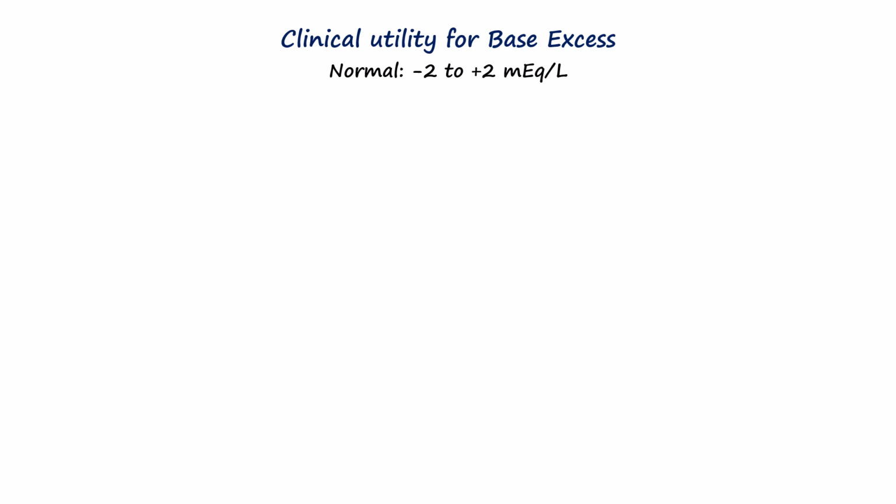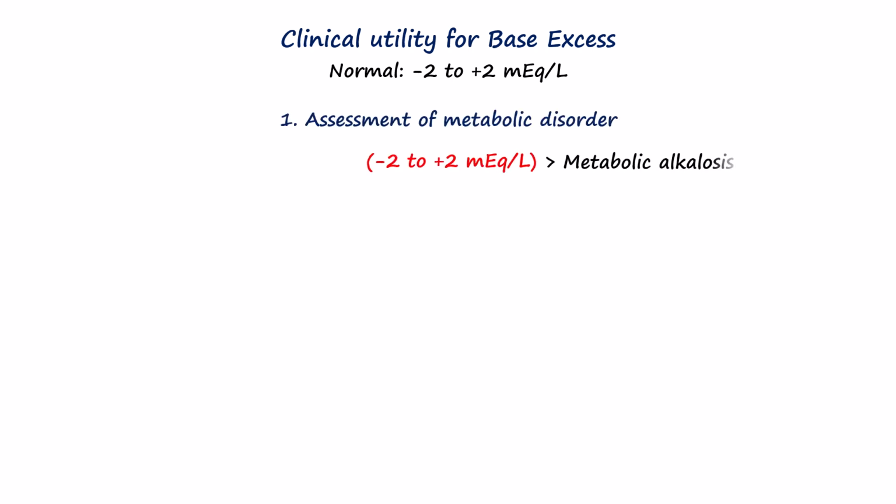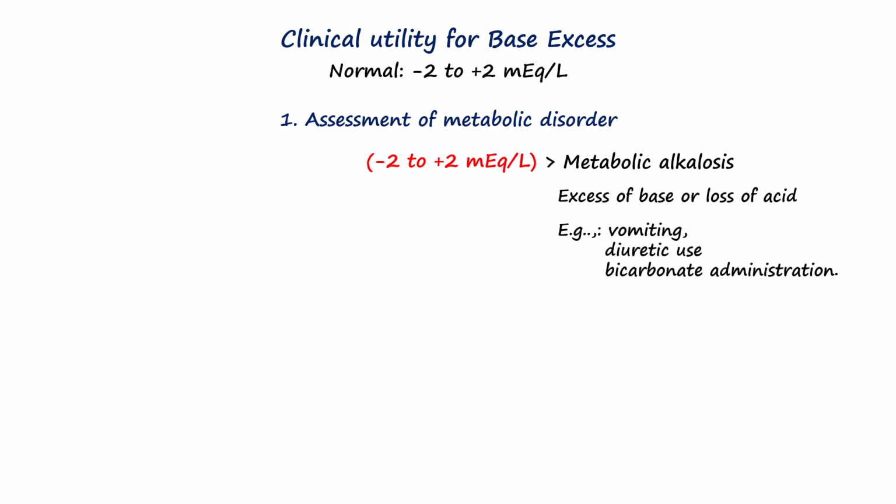From the clinical standpoint, the normal base excess is expected to be within -2 to +2 mEq per liter. Base excess more than +2 mEq per liter indicates metabolic alkalosis, which means that there is an excess of base or loss of acid.